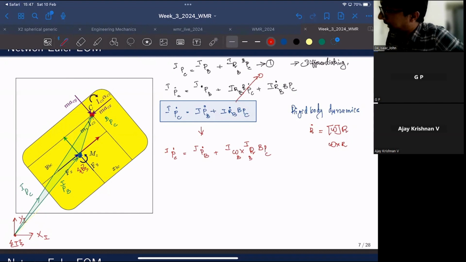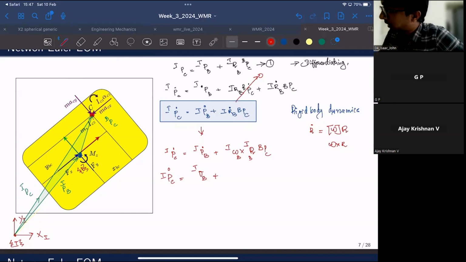And you can again further rewrite. So what exactly is this term? This is nothing but the velocity of frame B, expressed in frame I. So this is IPC dot, this is velocity, plus.